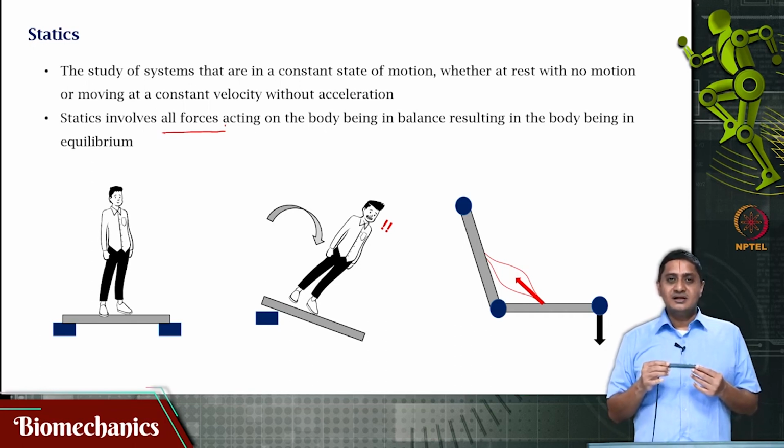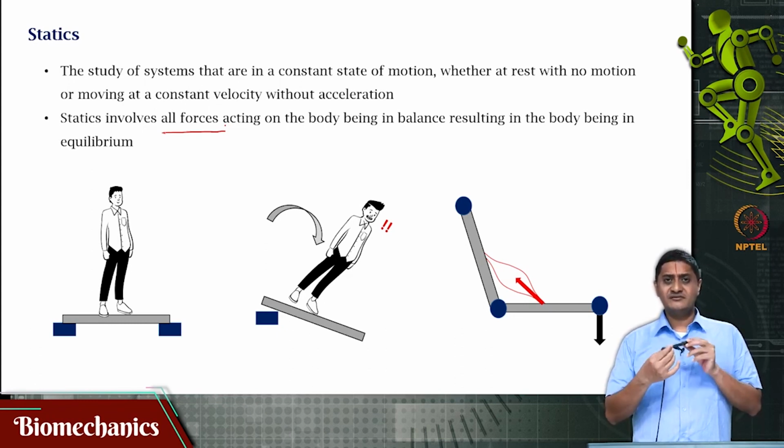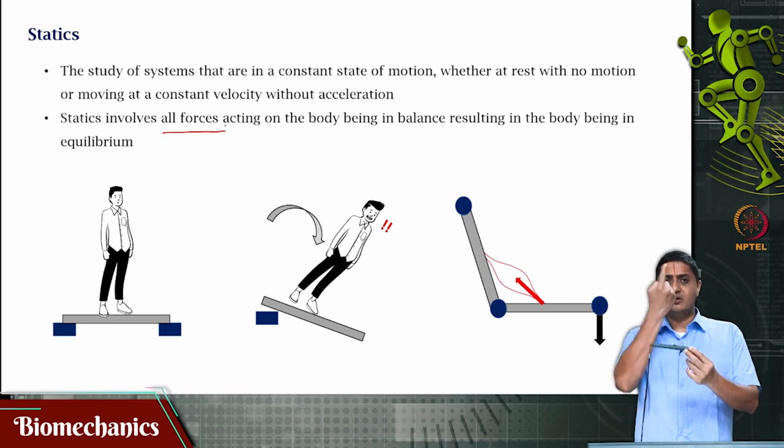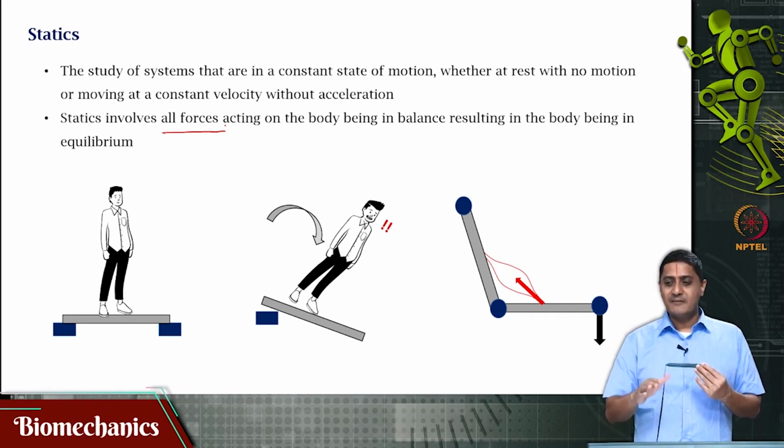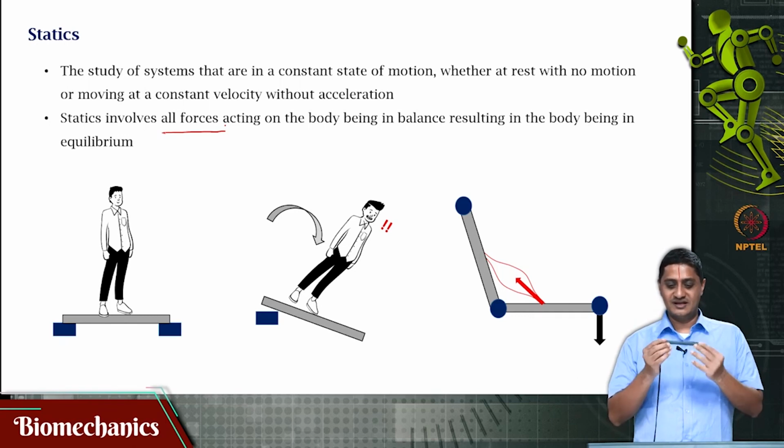Also, it can undergo rotations about each of these three axes. So, it can, for example, rotate about the vertical axis like this, or in the plane that is parallel to the ground or the floor of this room, like this.